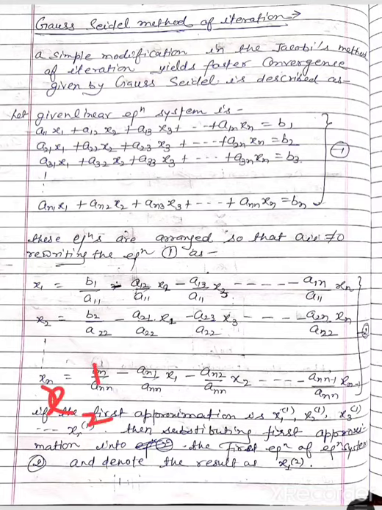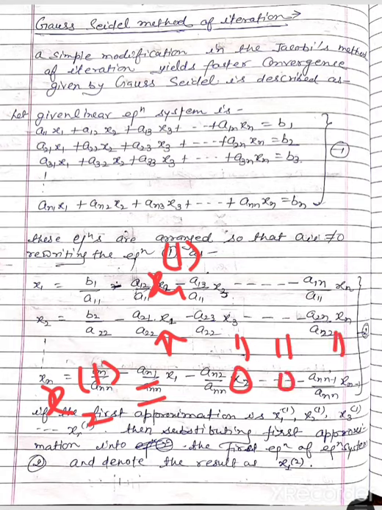For the first approximated value of x2, we substitute the first approximated value of x1 and x3 equals 0, x4 equals 0 and so on, xn equals 0. In this way we get the first approximated value for x2.